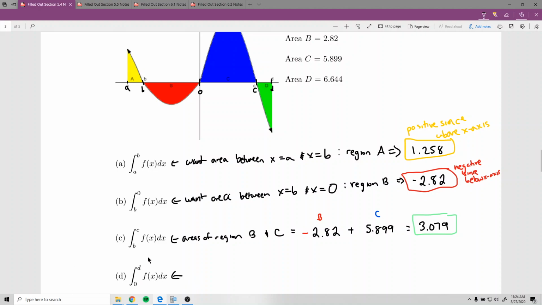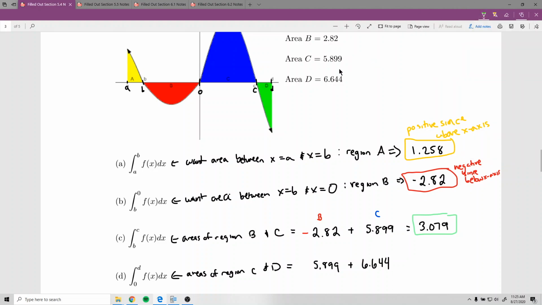So the last one, we want to integrate from 0 to D, starting at 0 and ending at D, so regions C and D. And region C has area 5.899. Region D has area 6.644.